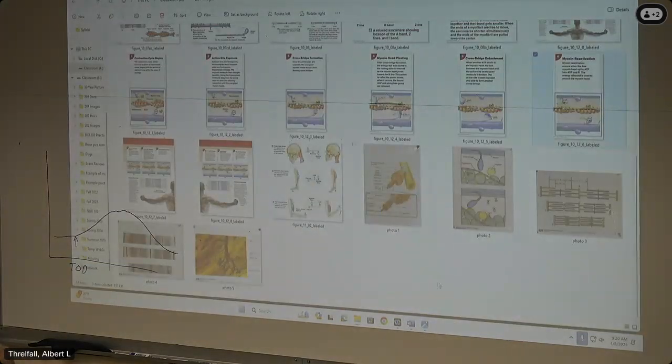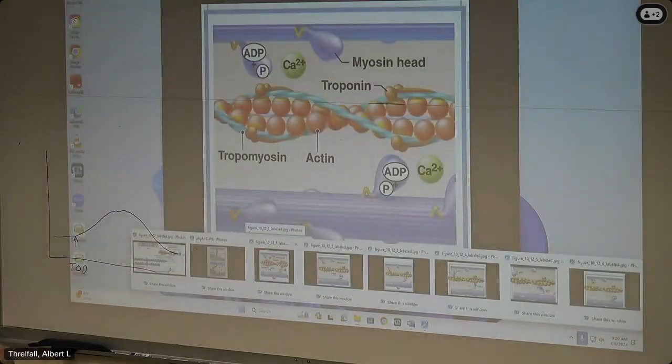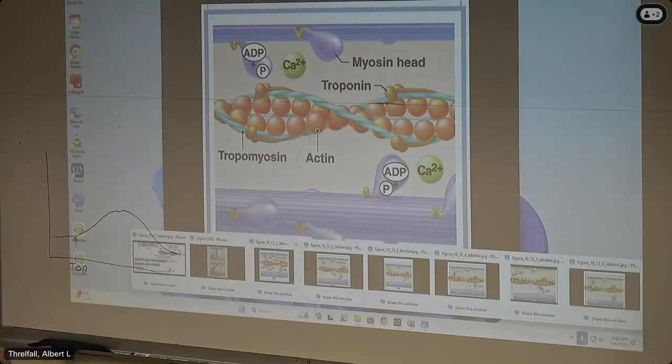And if you compare this picture, this is where we started. The head is not attached to actin. It's holding ADP and phosphate. We wondered where that ADP and phosphate came from.